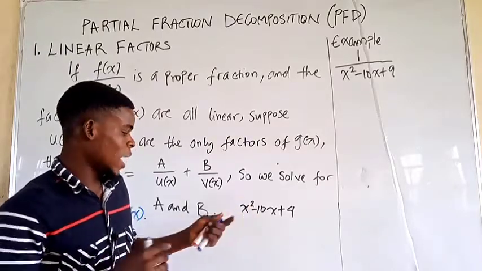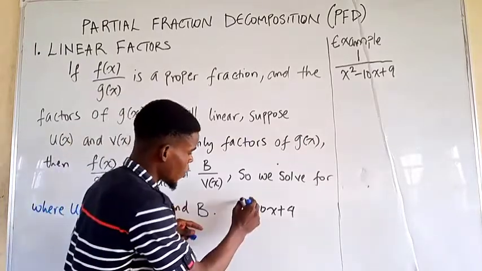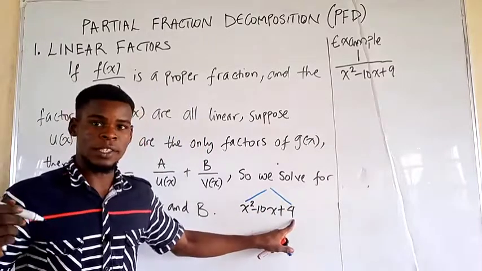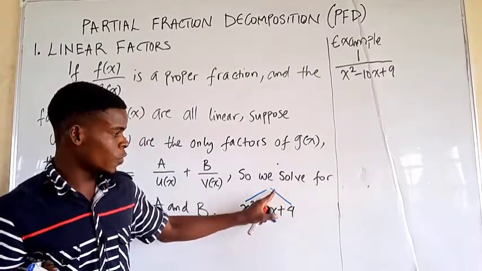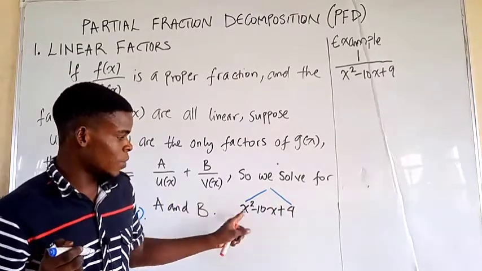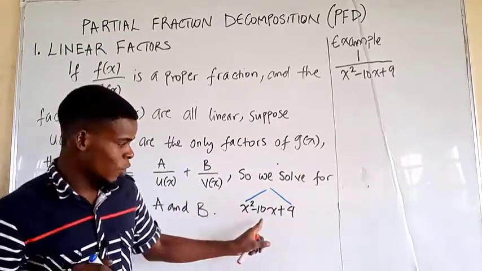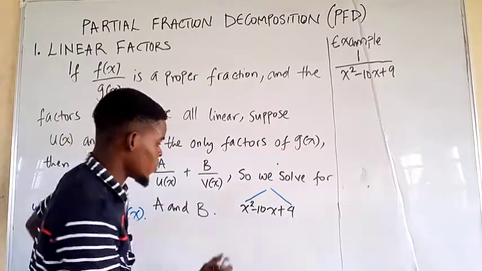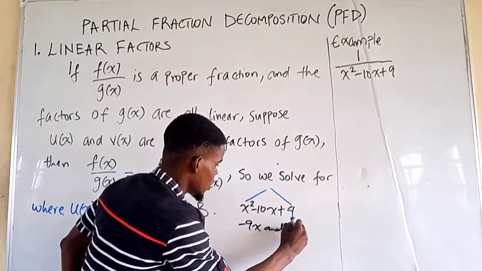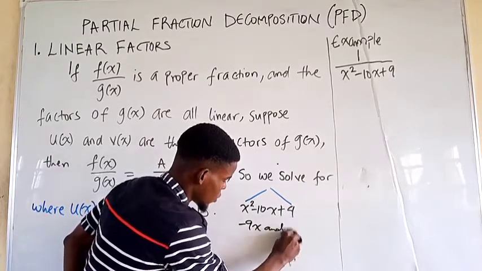Well, the actual thing is that when we take the product of the x squared and the constant in here, the product will give us 9x squared. So we see for 2 factors, when we multiply them to give us this 9x squared, when we add them to give us the middle 10x. So the 2 factors will now be negative 9x and negative x.